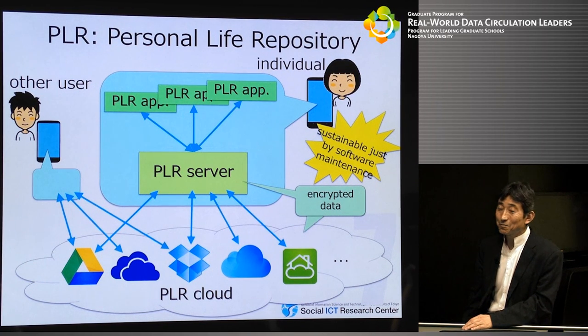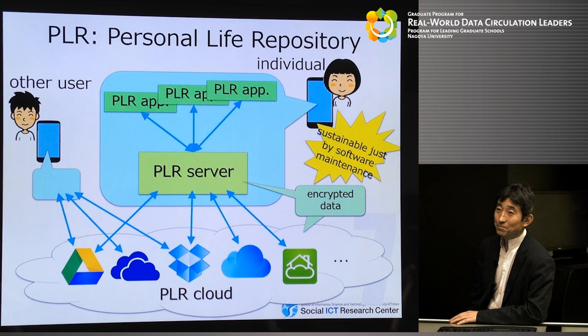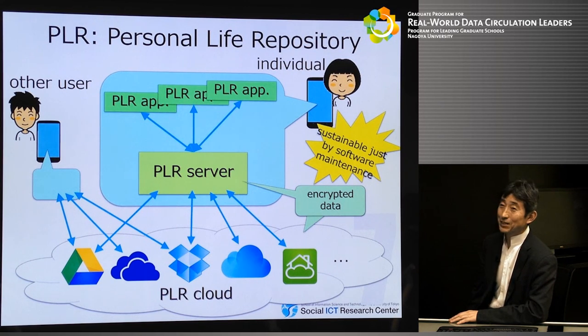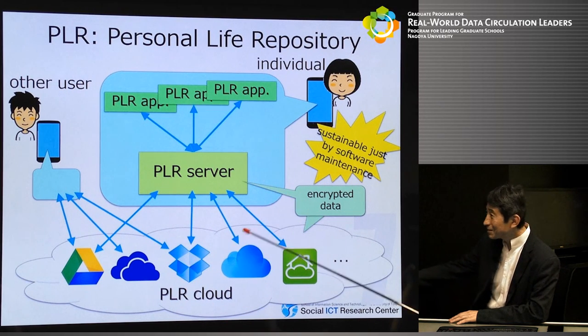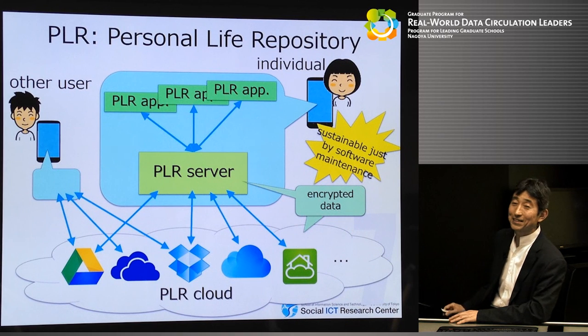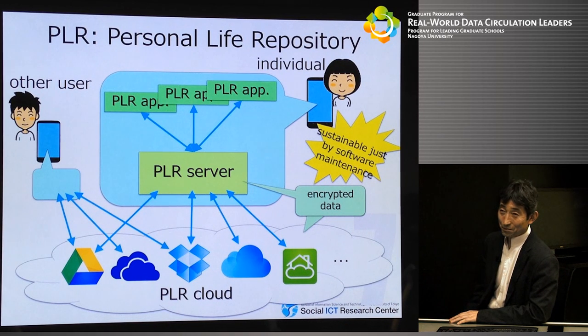No, I mean, you collect the data and you store it into, for example, your smartphone. Of course, it's impossible in some cases to store all the data in here. So you have to move your data to another cloud.